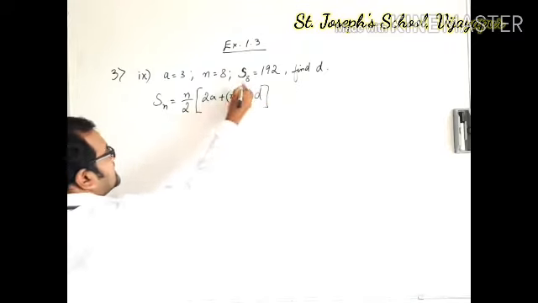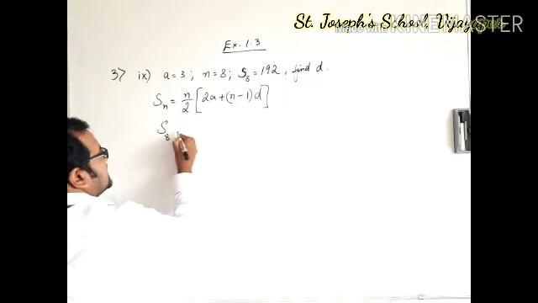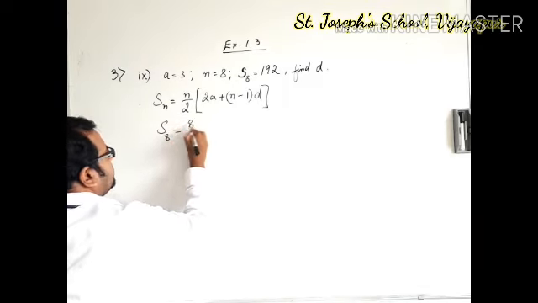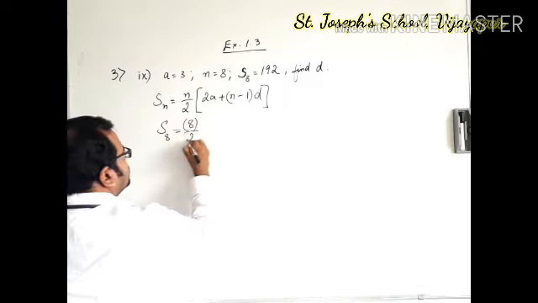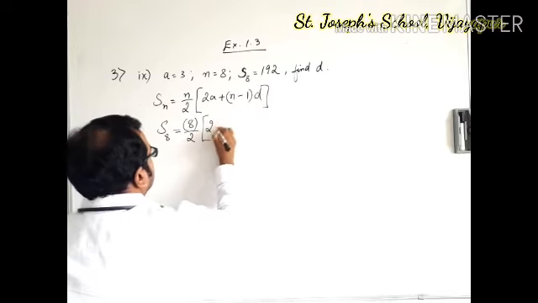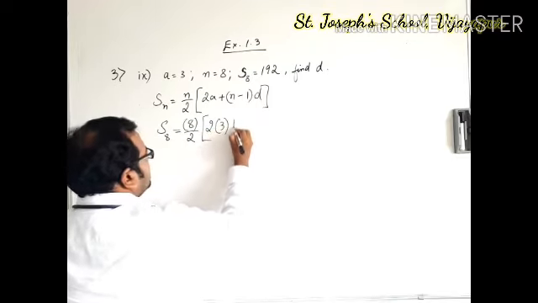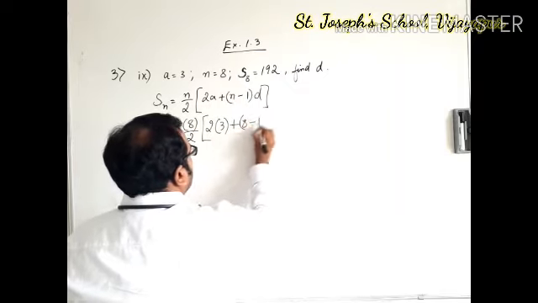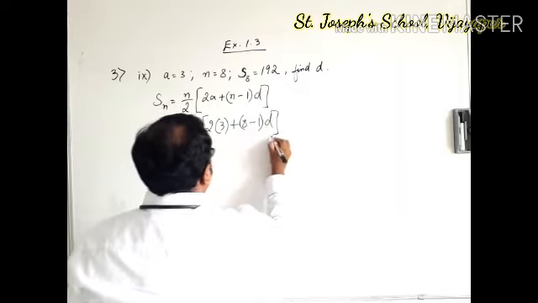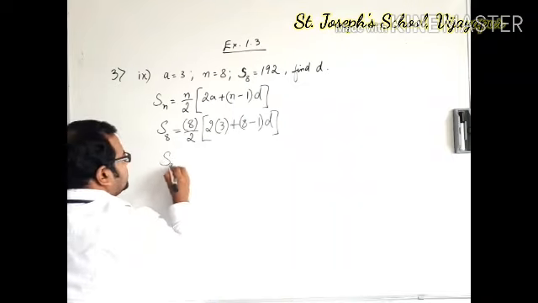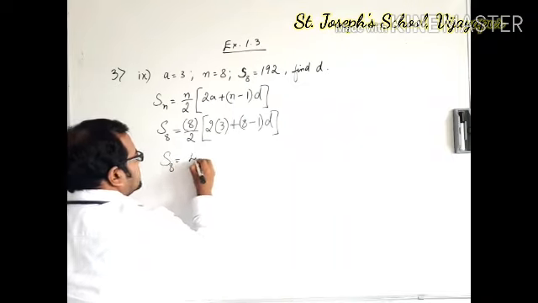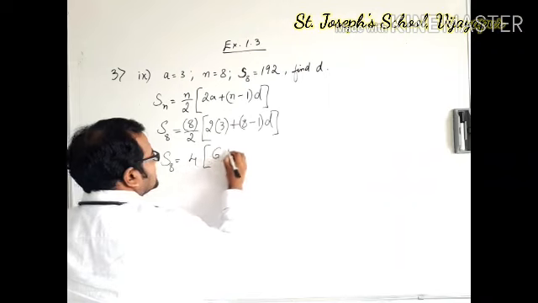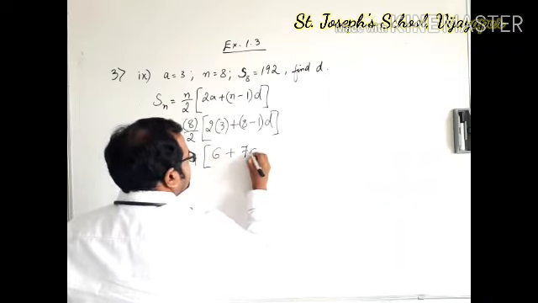So Sn value is S8 because n is 8. n is replaced with 8 by 2 into 2 into a, which is 3, plus n minus 1, which is 8 minus 1, into d. So S8 is equal to 8 by 2 is 4, 2 threes are 6 plus 7 into d.